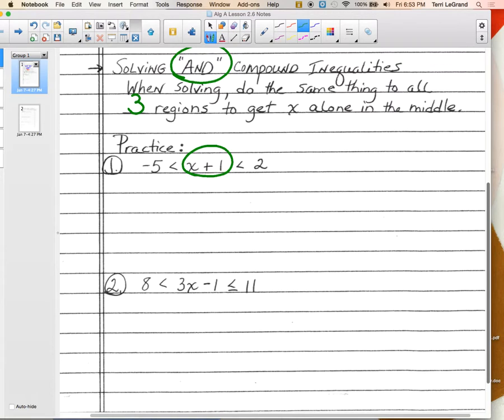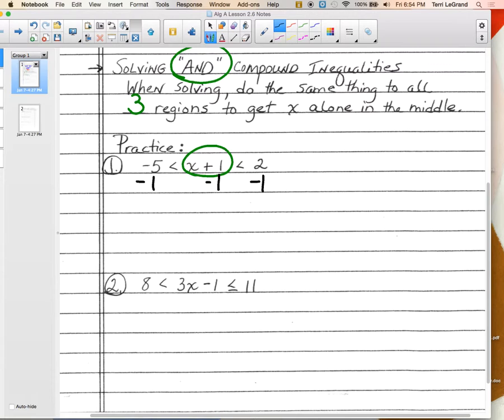What do we have to do in the middle to get that x alone? We need to subtract 1. If we subtract 1 in the middle, we have to do it on the left and on the right too, in all three regions.